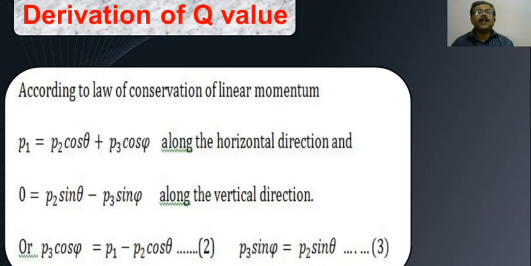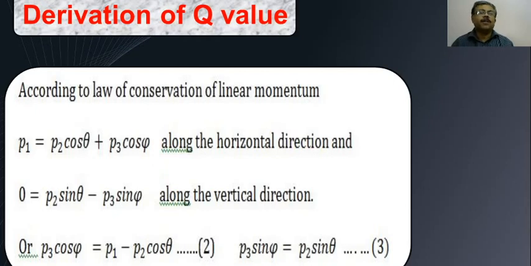Now, we can derive this further by using the law of conservation of linear momentum. We know that the momenta of the ejectile and that of the residual nucleus, which are along a specific direction, can be computed in terms of their components.